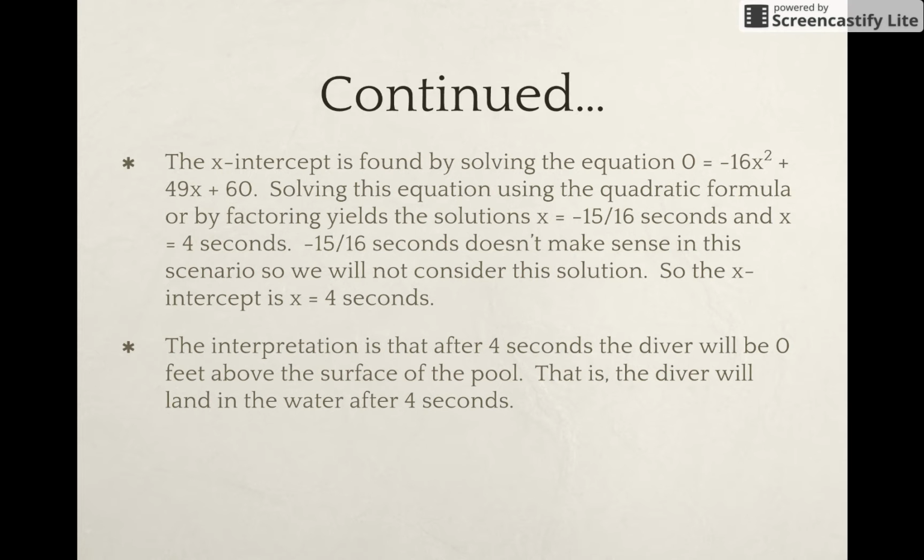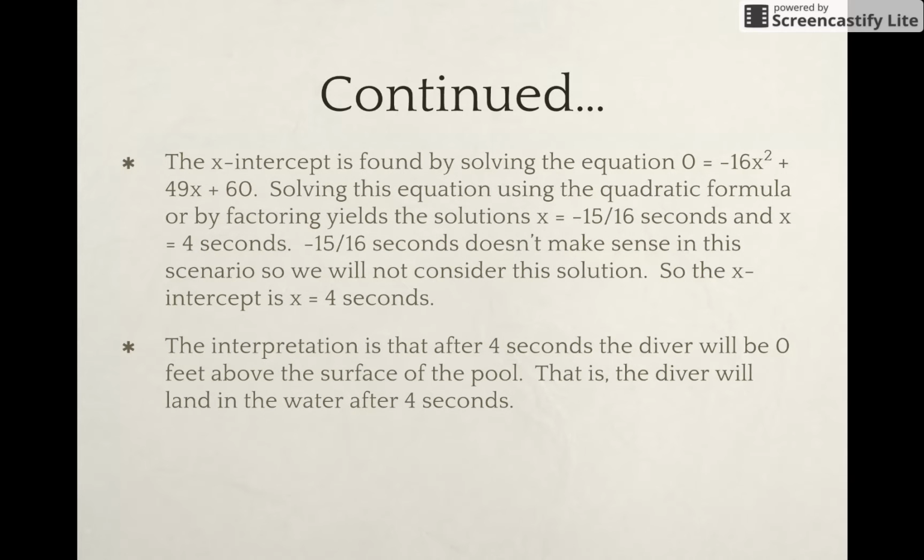Another method is to factor. An additional method would be to use some calculating device like a TI-83 or 84 calculator or Wolfram Alpha. However we choose to solve this equation, we should end up with the solutions x equals negative 15/16 of a second and x equals 4 seconds.